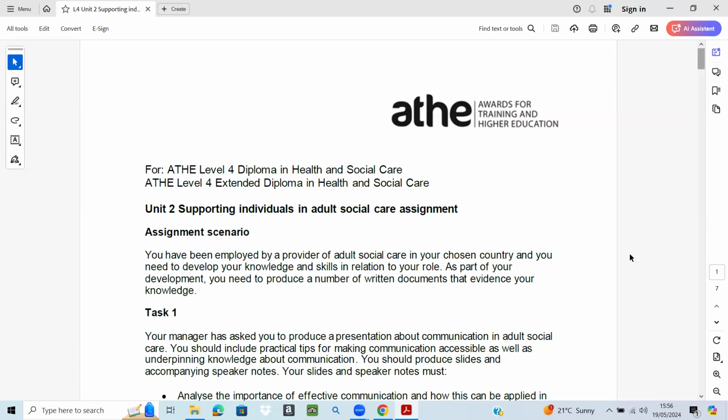Then we will do a quick review of learning outcome 4. In learning outcome 4, we discussed understanding professional practices in adult social care, which involves various aspects aimed at supporting individuals in a holistic and comprehensive manner. So again, the whole unit has a person-centered care approach, ethical and legal compliance.